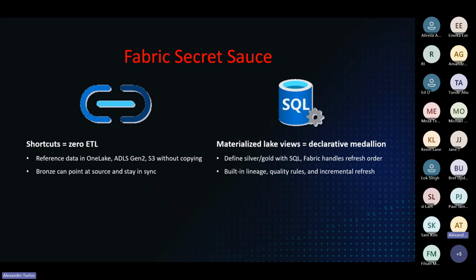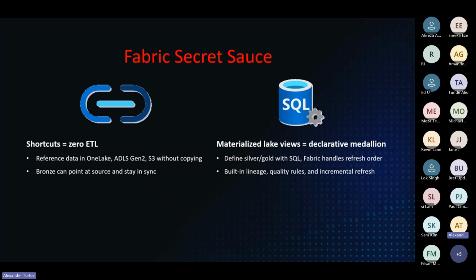The second ingredient of the Fabric secret sauce is what's called materialized lake views, or MLVs. If you've been working with data, and specifically SQL databases, long enough, you know that there are views, a declarative SQL-based syntax that allows you to define a different data presentation layer on top of the original data layer.